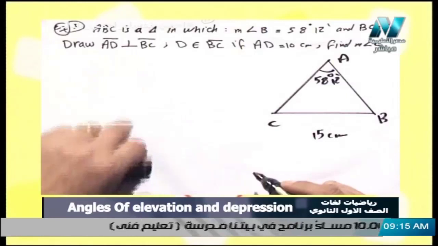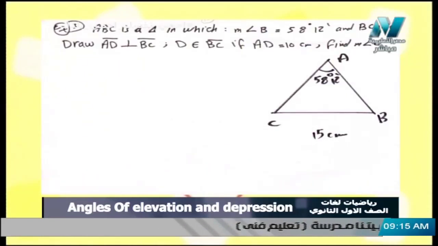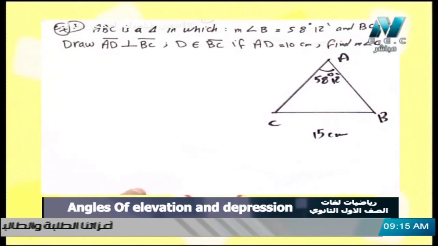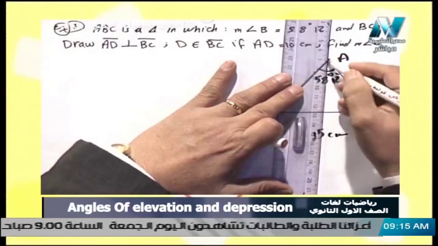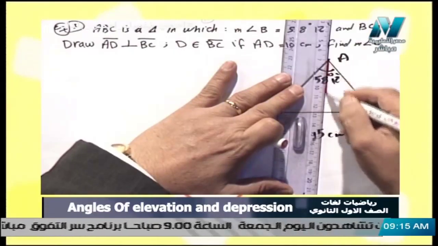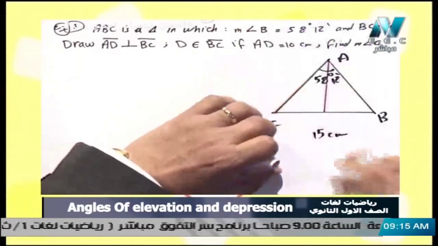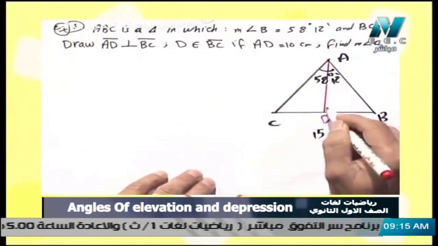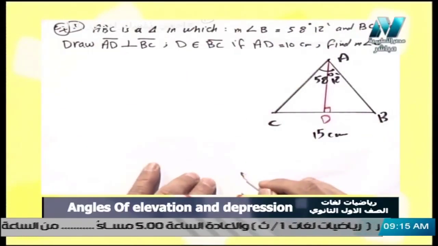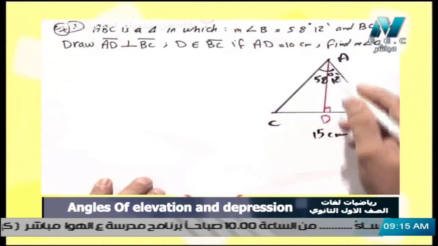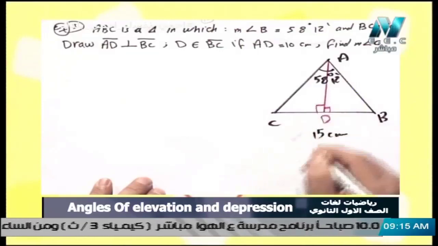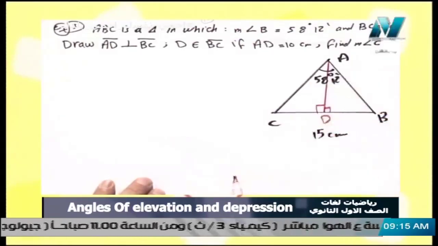Draw AD perpendicular to BC. We must draw a perpendicular here from A to BC. Okay, like that. So we have AD here perpendicular to BC. So we have a right angle triangle ADB and another right angle triangle ADC.